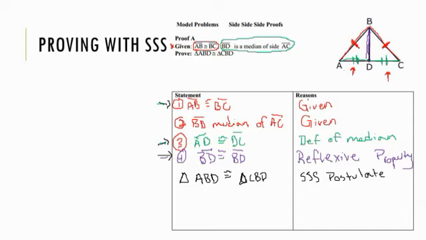Now, one thing I want to point out, just to keep clear. When we talked about labeling triangles, I said the order of the letters was important. Notice how in the labeling of triangle ABD and triangle CBD, AB is in the same place as CB, and they are congruent.